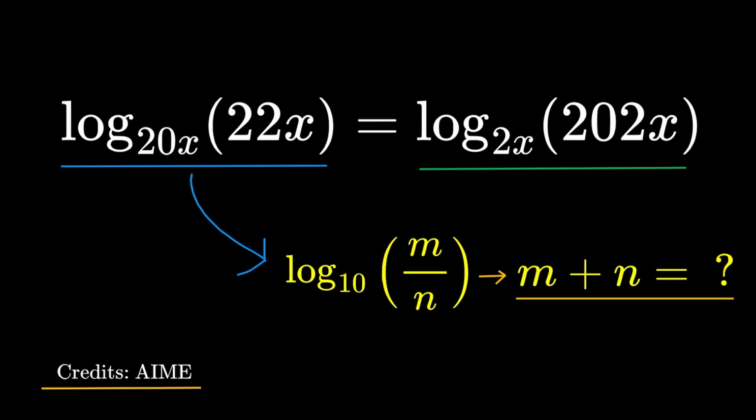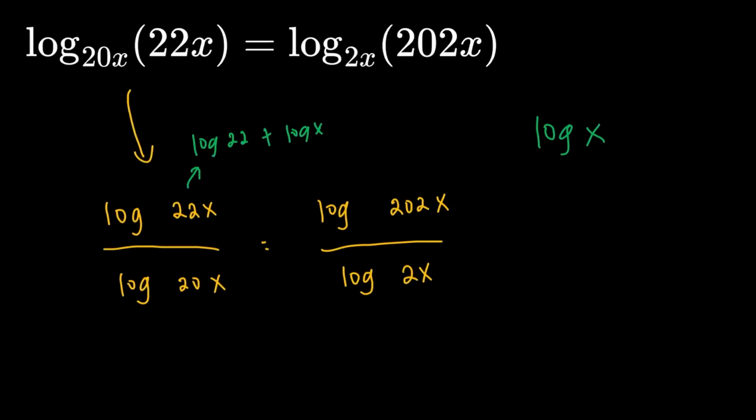Now, the first time I saw this question, I decided to use the change of base formula to rewrite the equation, as you can see. This is technically doable because, for example, the first term, log 22x, I could express as log 22 plus log x using the properties of logarithms.